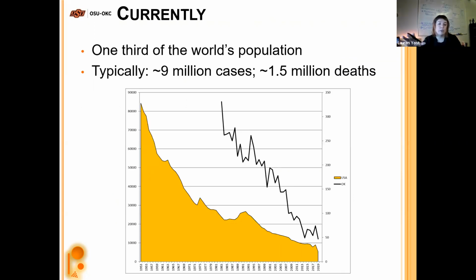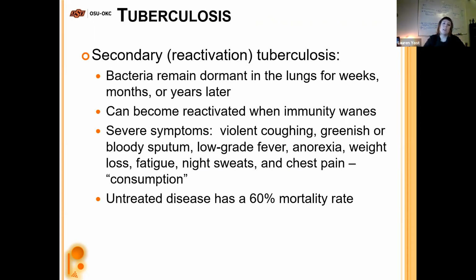So like we said, about a third of the world's population is infected with tuberculosis. It's just nuts. So when you do have reactivation tuberculosis or secondary tuberculosis, like we said, they can remain dormant for weeks, months or years. Your immune system will wane, and then they will grow back up from the center of that lesion.